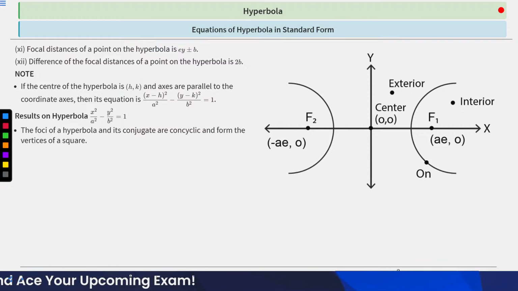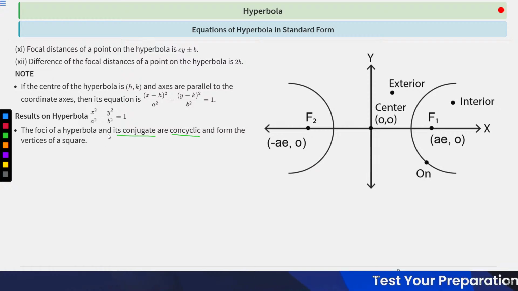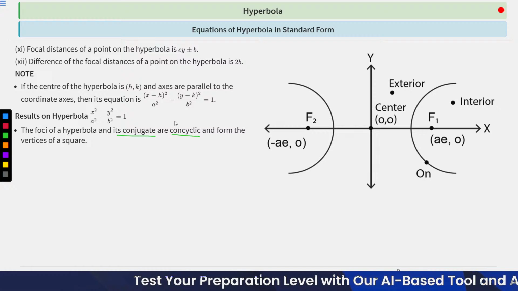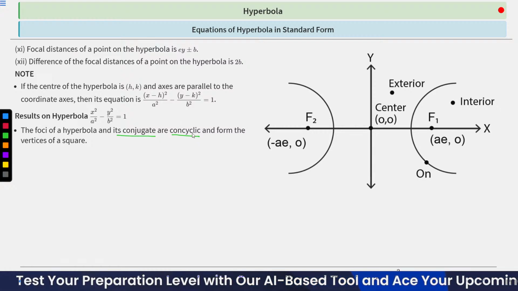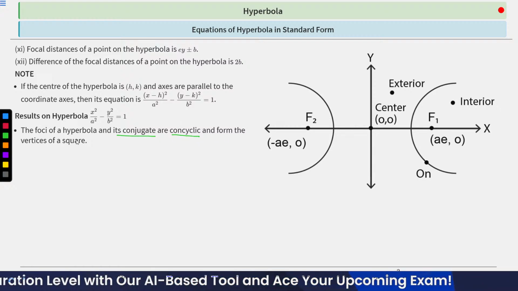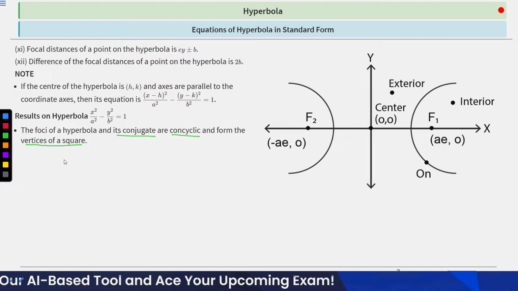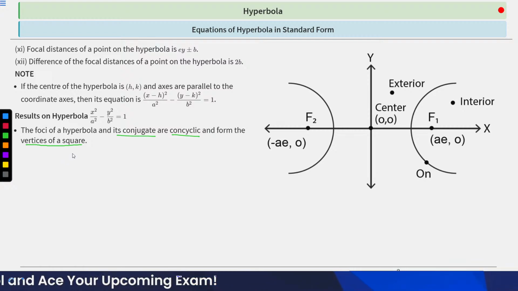The foci of a hyperbola and its conjugate are concyclic, meaning they lie on a common circle and form the vertices of a square. Clear?